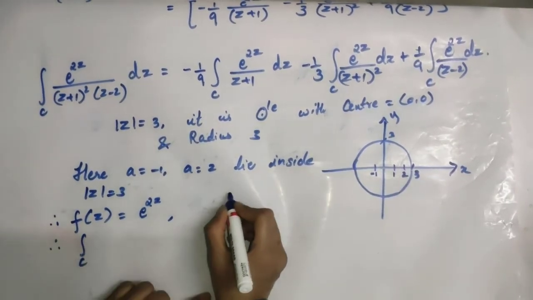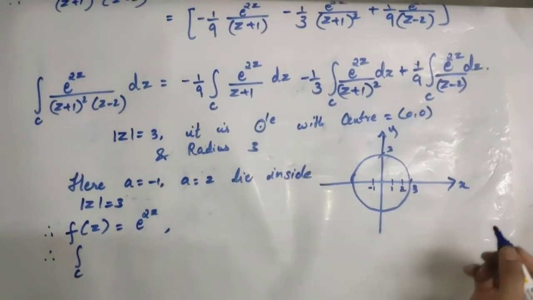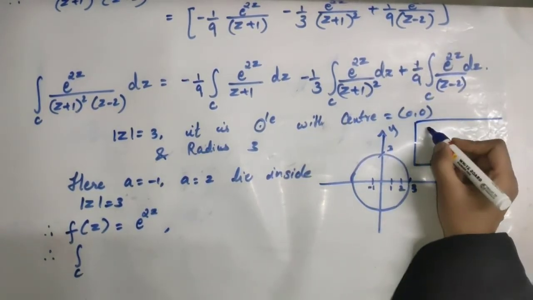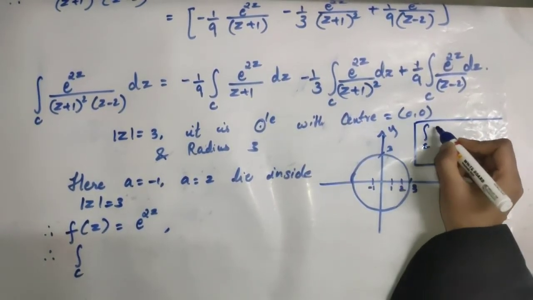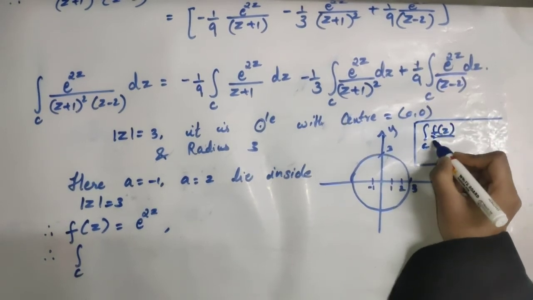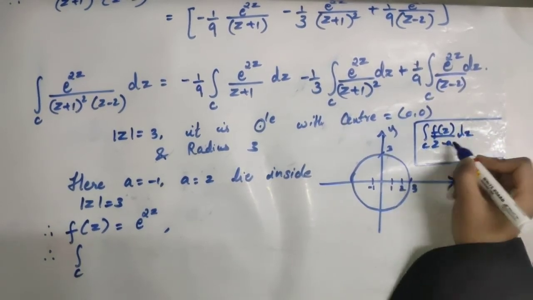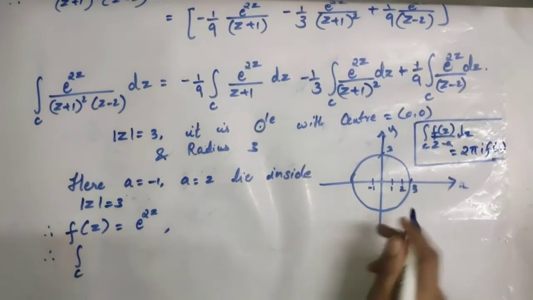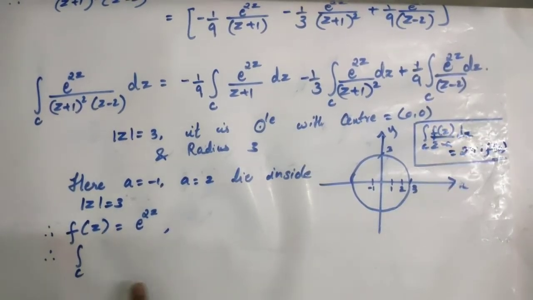I'll write Cauchy's integral formula here so that there is no confusion. The integral over the curve C of f(z)/(z-a) dz is 2πi times f(a).